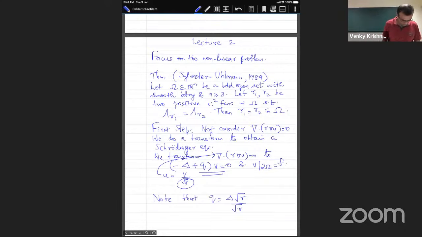This is just a routine calculation, so let me not do this. Just one second. I think I got this right. If the power is not correct, then there will be a problem. Just one second. u by root gamma.